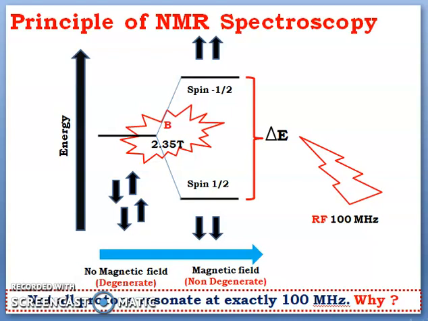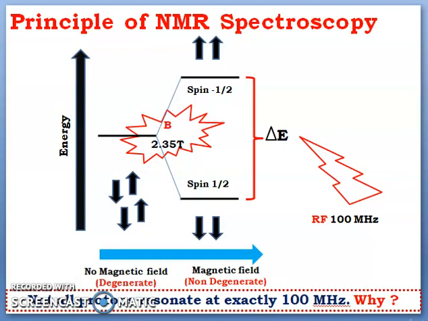The splitting is based on the alignment of the applied magnetic field with the induced magnetic field of the protonic spins. This splitting is based on the applied magnetic field. If you give radio frequency radiation of around 100 megahertz, the flipping of protonic spins takes place.